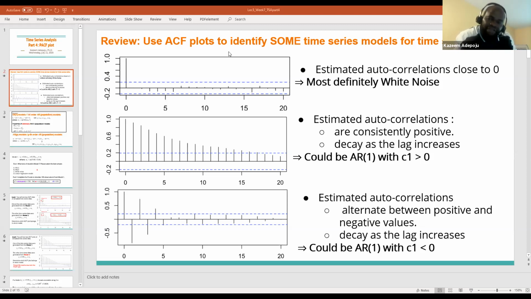The ACF plot of time series data is just for us to figure out the appropriate time series model to use. I'm going to say that again: these are ACF plots of time series data, and they are basically just to identify an appropriate model.